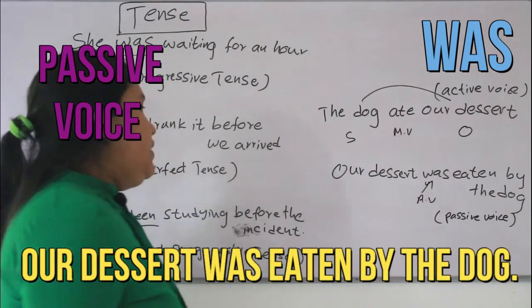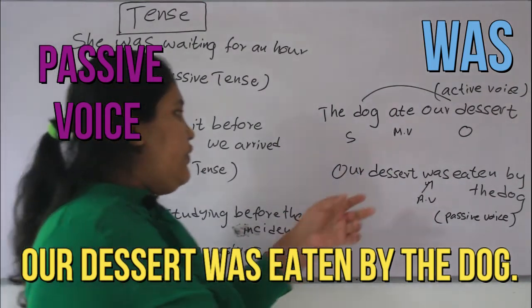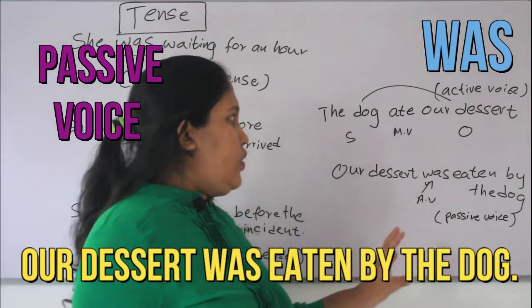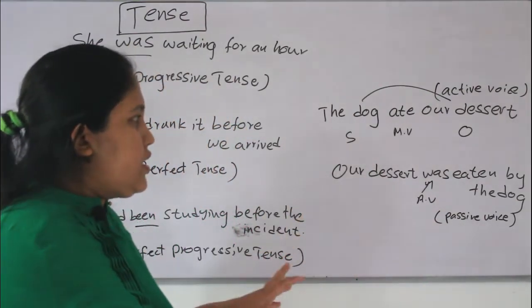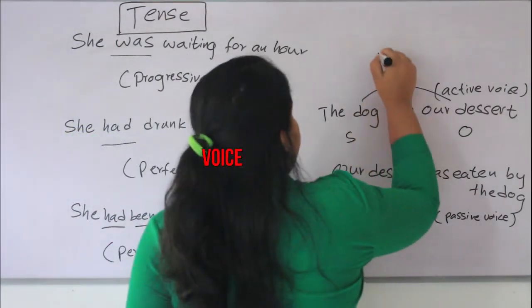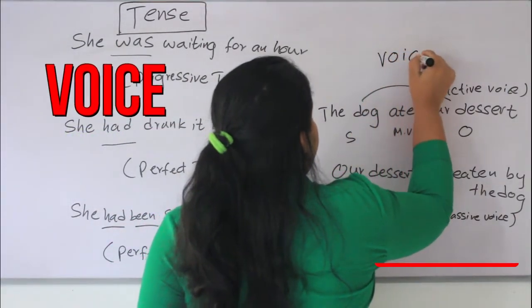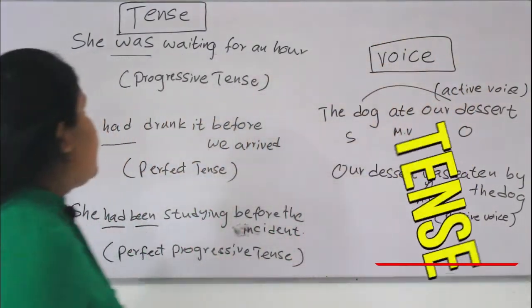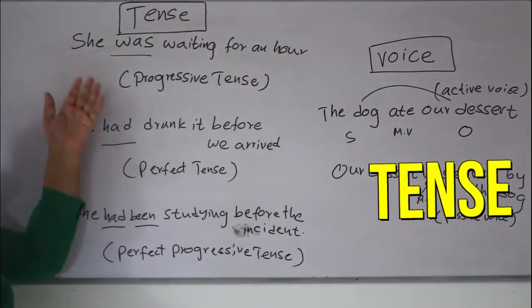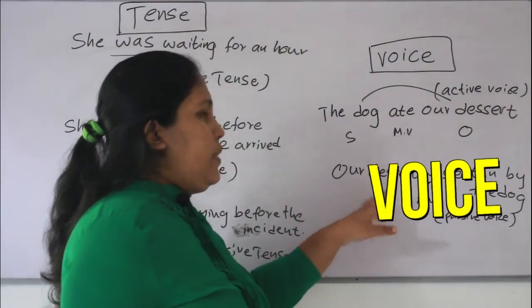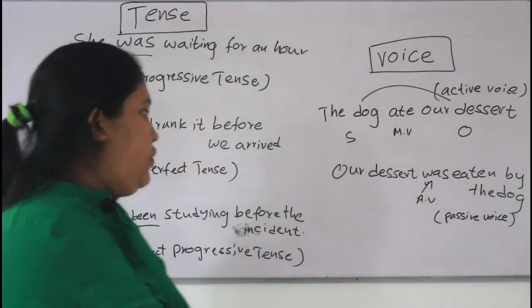So in this example, the auxiliary verb to be helps to form the passive voice. So this is an example of auxiliary verb expressing voice. These are the examples of auxiliary verbs expressing tense and this is an example of auxiliary verb expressing voice.